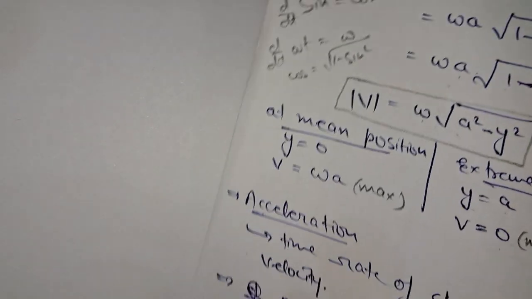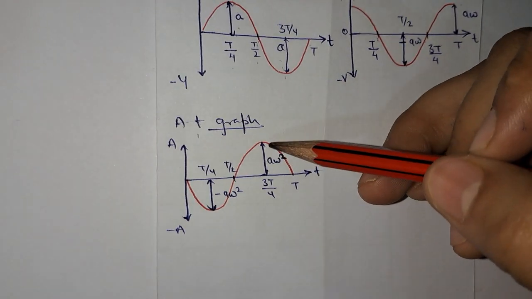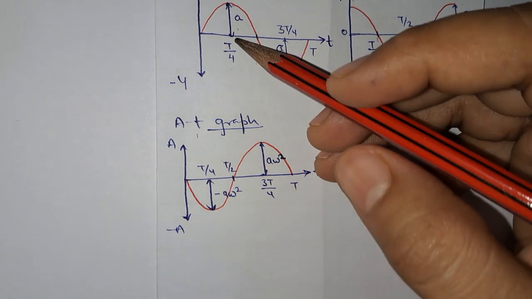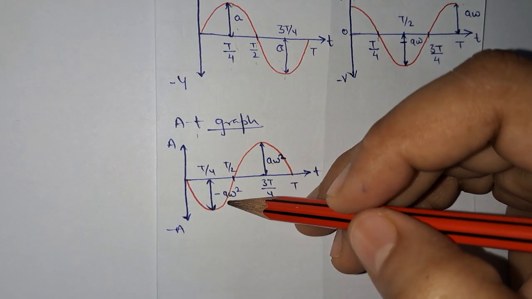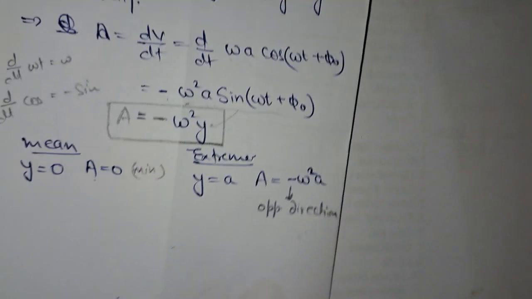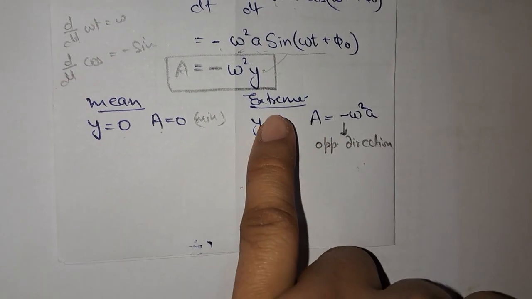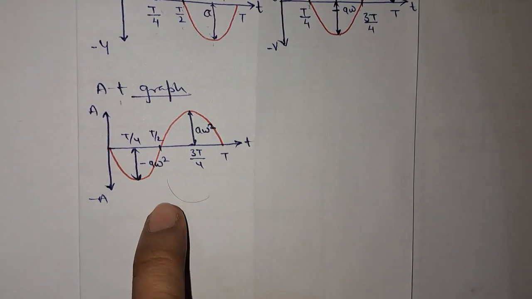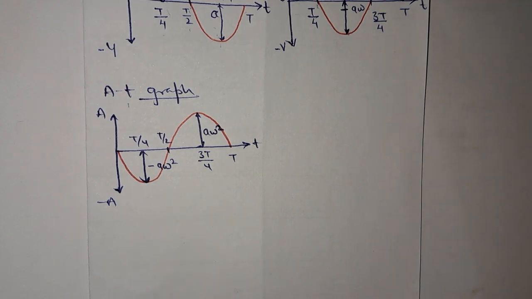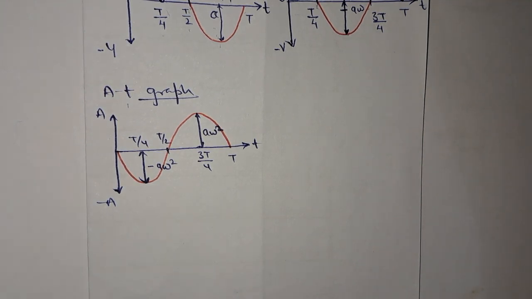And the acceleration time graph could be given as, at T by 4, the acceleration is minus a omega square, the same expression we have derived here at extreme position. So the acceleration time graph could be given in such a manner. So these were the basic things about simple harmonic motion. Next we will discuss the energies related to simple harmonic motion. Thank you.